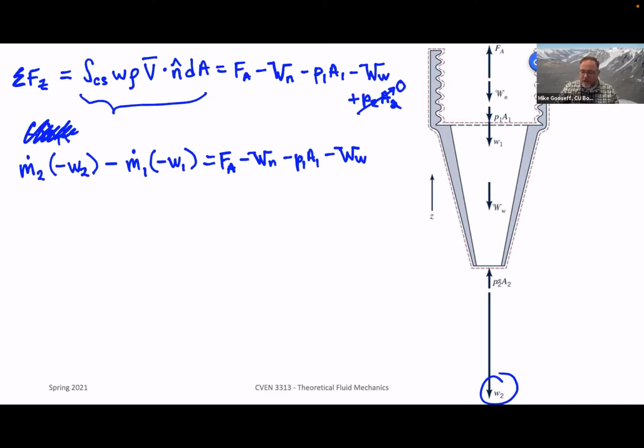All right, so I'm just going to drop that at this point so that we don't have to consider it. So W1 and W2 are negative, or less than 0, because they flow downwards.